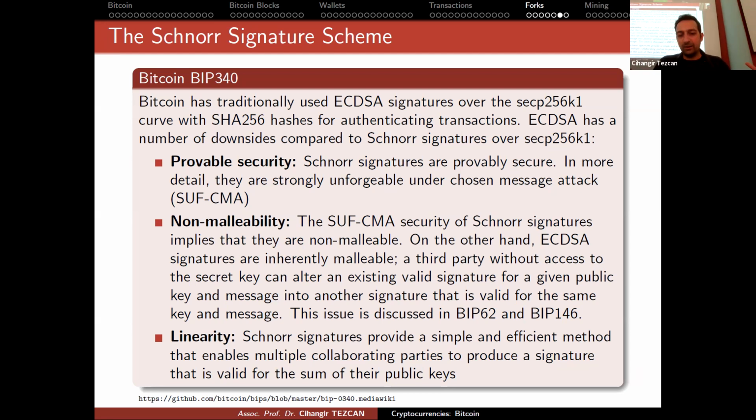And once they combine all of their public keys, the resulting public key will generate a single wallet address that starts with 1. So after this upgrade, whenever you look at the blockchain and see an address that starts with 1, you don't know if it is a wallet that belongs to a single signature or one that is generated by combining some number of public keys.